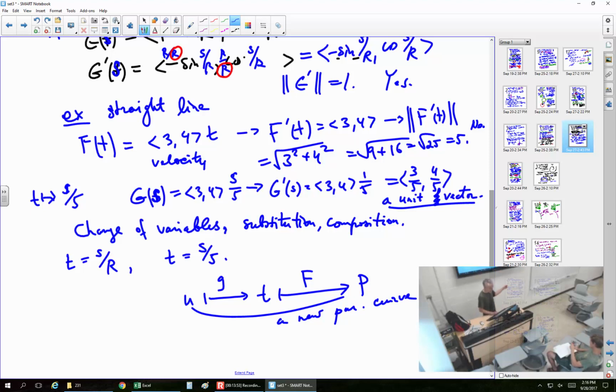As you can see, we certainly could reduce this new situation to that situation. How? Well, you can just solve it for s. So s is equal to t times r, and s is equal to t times 5. But we can also think about it as a more direct substitution.